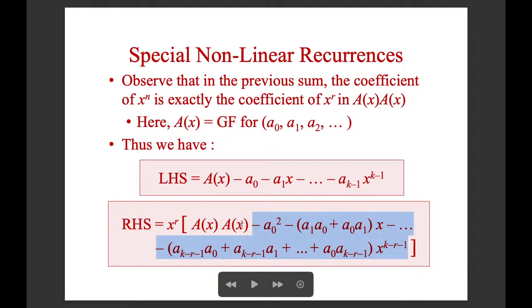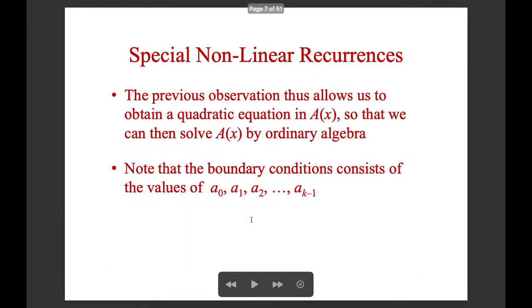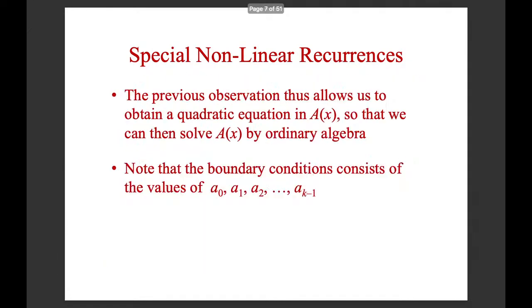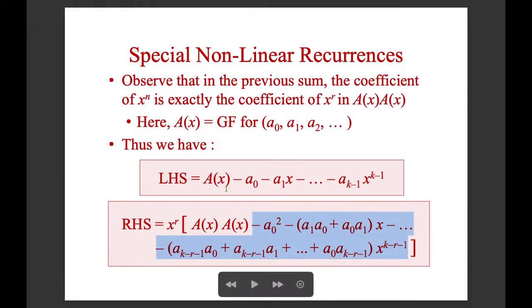If we do things carefully, we can find out that the right-hand side can be simplified based on the product a(x) squared. Because of this, we can establish the relationship that the left-hand side is this one and the right-hand side is this one. So we will have a relationship of a(x) with a polynomial of x itself, and after that, we can solve for a(x).